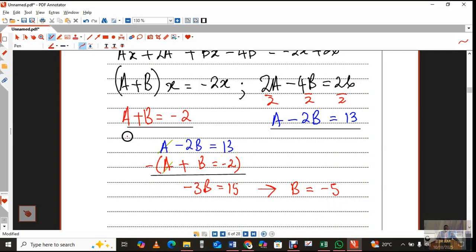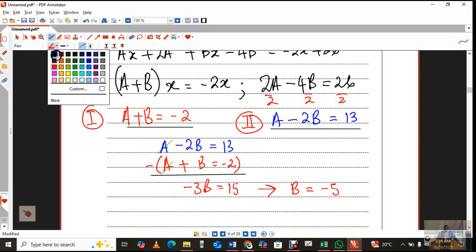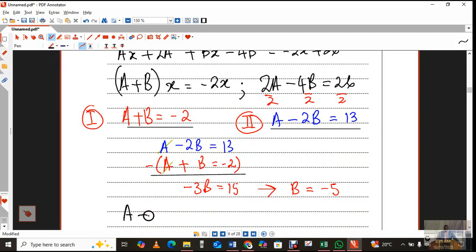Now, I'm going to use equation 1 to find my value of a. From equation 1, we are seeing that a plus my b, which I now know as negative 5, should give me negative 2 as an answer.